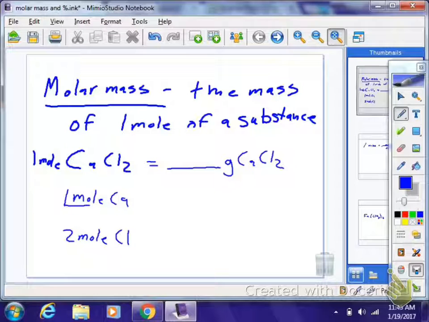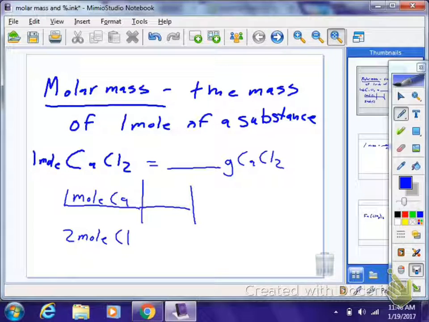So we just go ahead and look on the periodic table and find calcium. Calcium is 40.08. Now in most of your periodic tables, calcium is 40.078. I'm not going to have you write all those digits to the right of the decimal for each and every element.